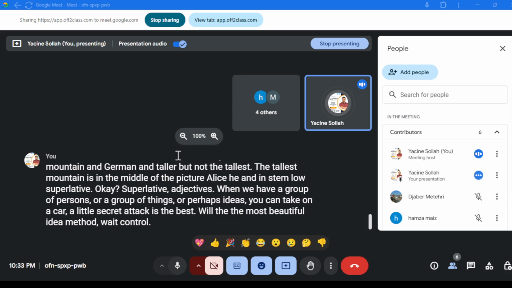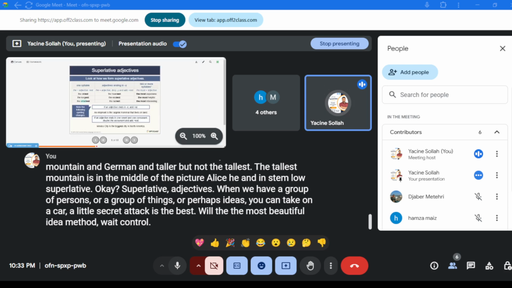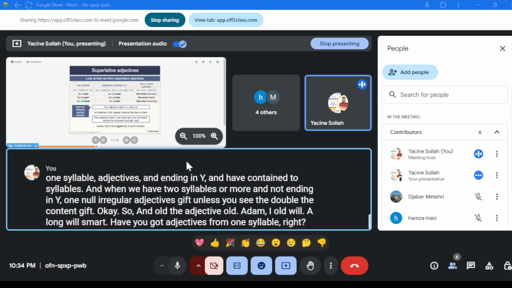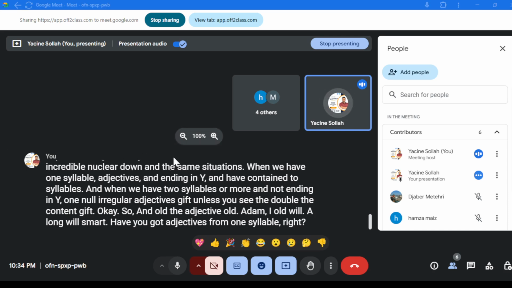Okay, so كي نقول مثلا old, the adjective old, لاحظوا معايا old ولا long ولا smart, هذو كاع adjectives فيهم one syllable, right? فيهم one syllable. So في هذه الحالة هذه we just add est. واش تولي the oldest. نقول لك this tree is the oldest in this forest. هذه الشجرة هي الأكبر سنا.